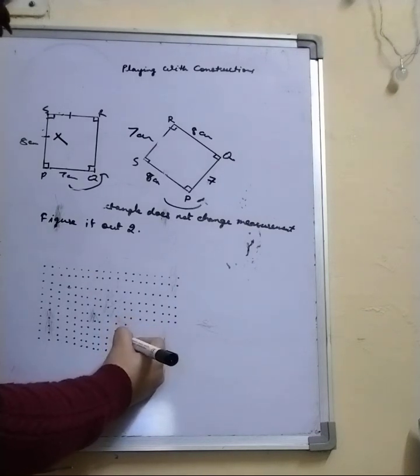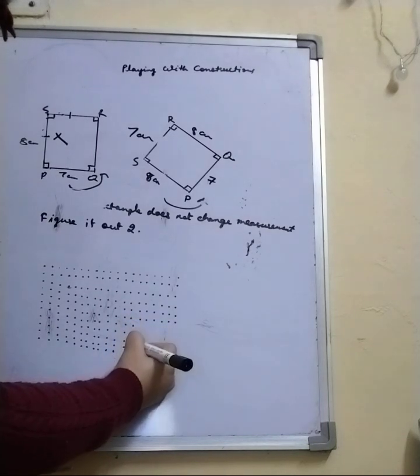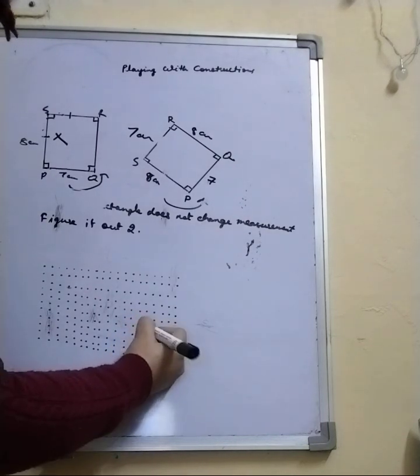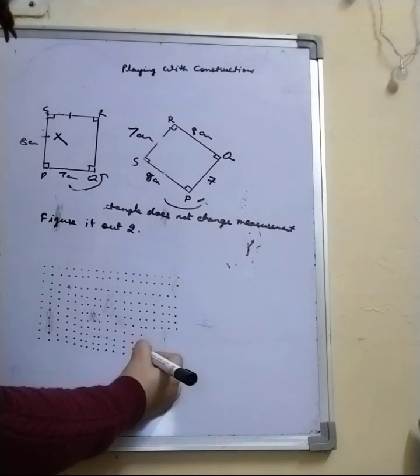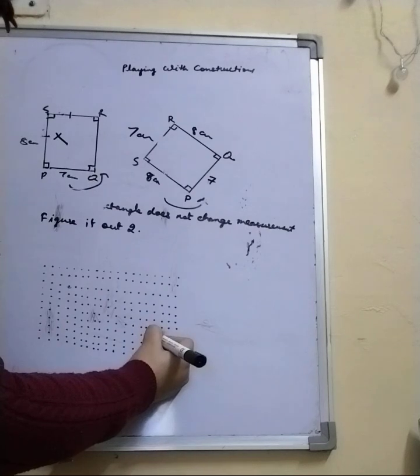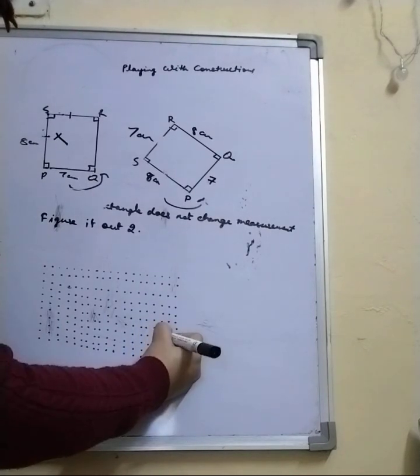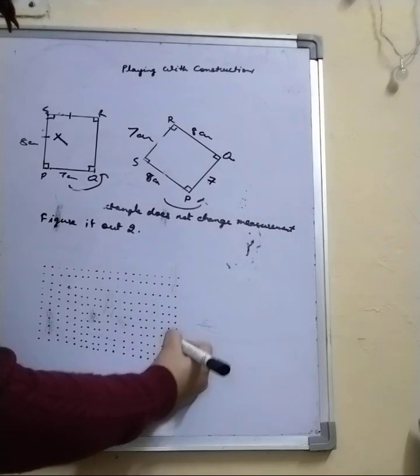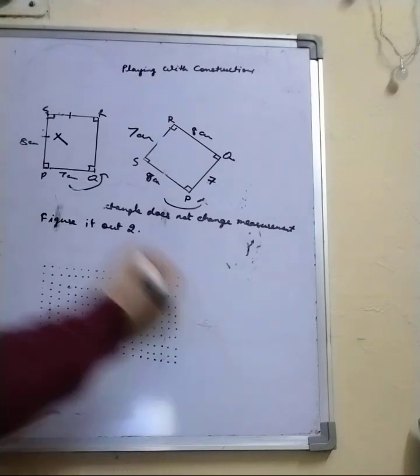You would go diagonally, or you would go in a slanting way to align them. We did an exercise for angles where we drew slanting lines. So slanting lines you have to connect with the rectangle.